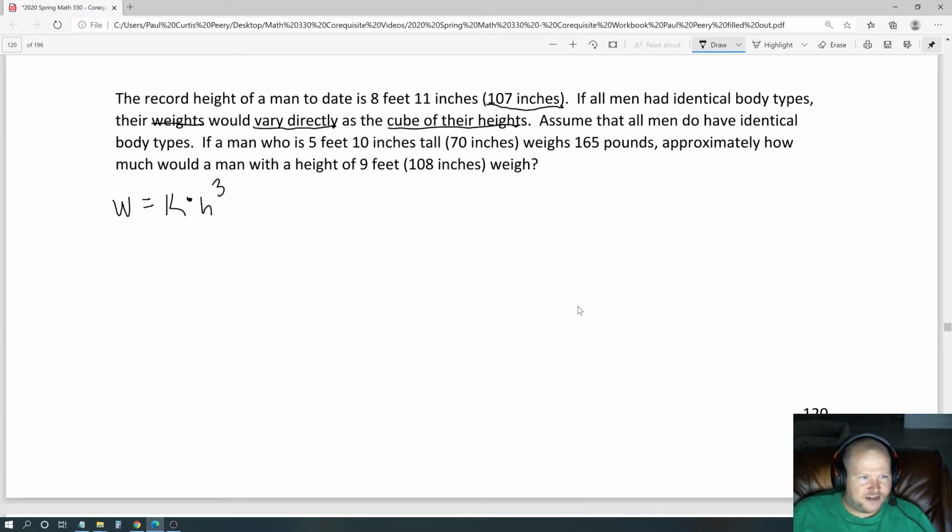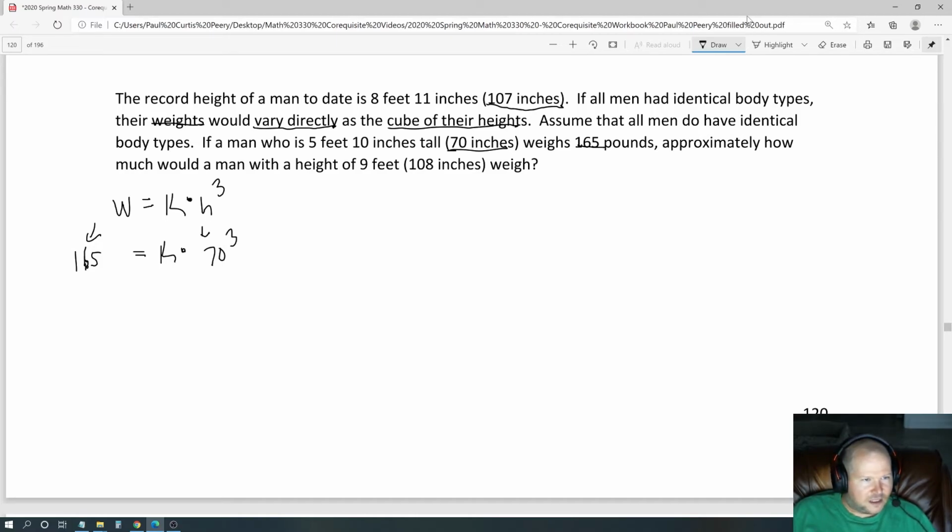Okay, assuming all men have identical body types, if a man who is 5 foot 10 inches tall, 70 inches, weighs 165 pounds. All right, so weight is equal to, let's get rid of the weight, sorry. So we have K, and they said 70 inches at 165 pounds. So the weight is 165, and the height is going to be 70 inches, but then we cube it.